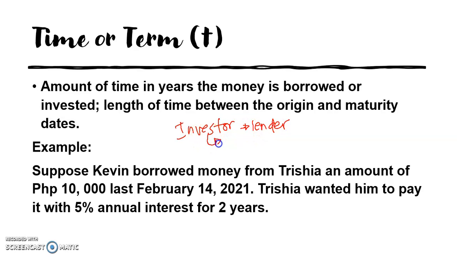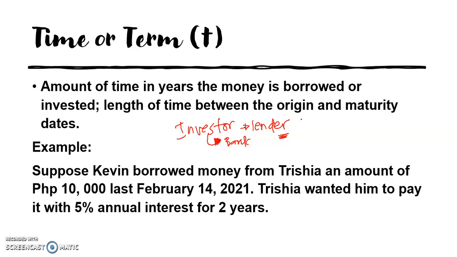Kasi, pinapahiram nila yung pera nila. Say, for example, sa bangko. Once na nag-deposit ka ng pera sa bangko, nag-save ka ng pera sa bangko, you can be called a lender or investor. They are just the same.